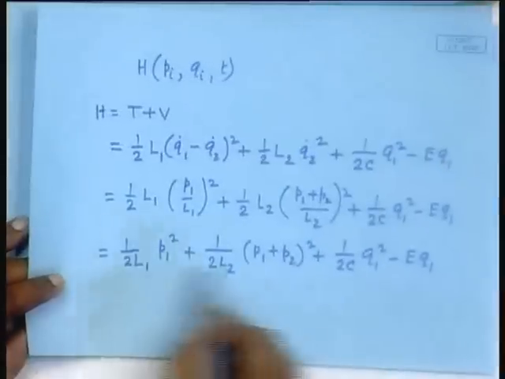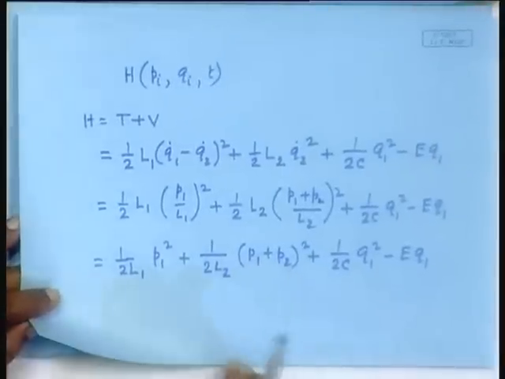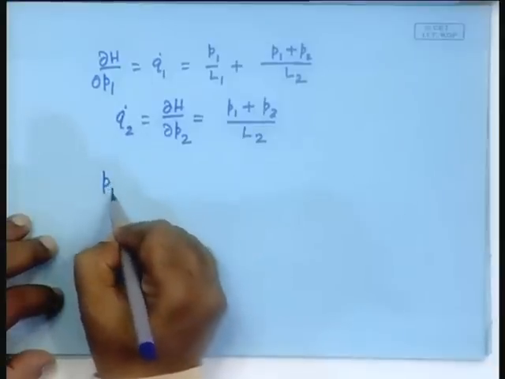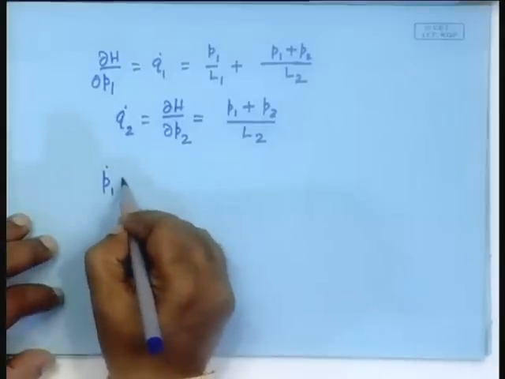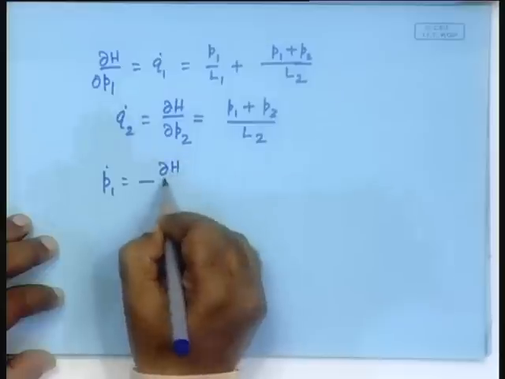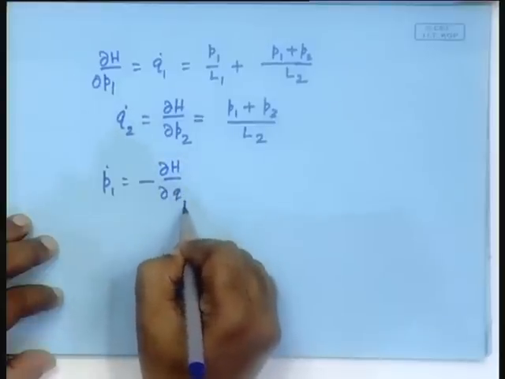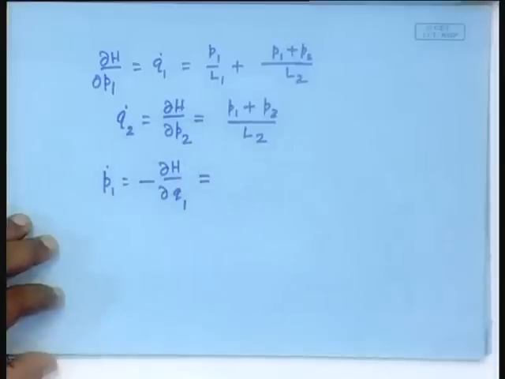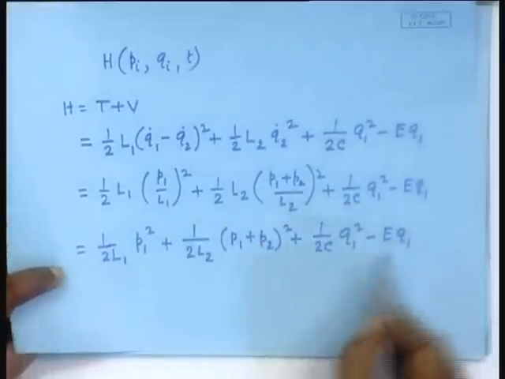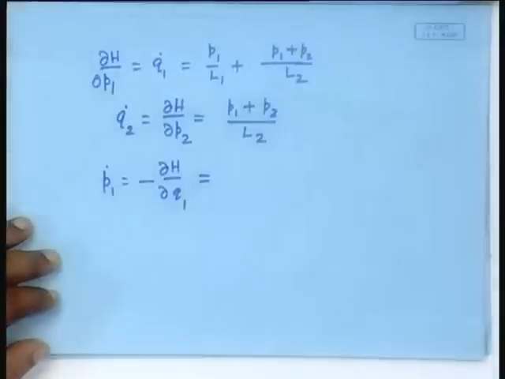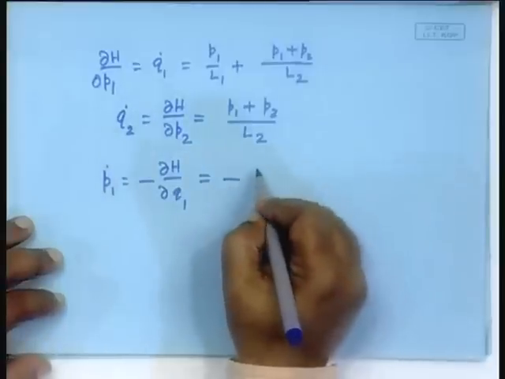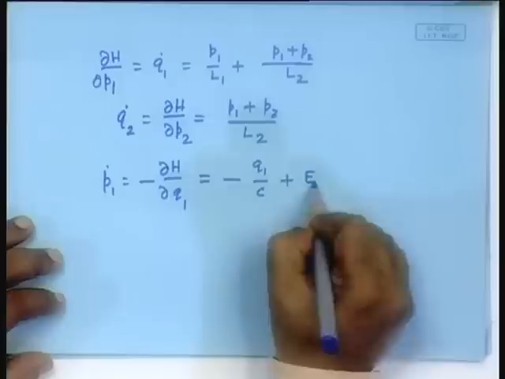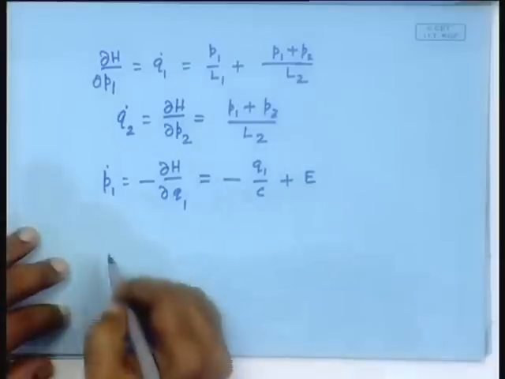Okay, just check. Now, P1 dot is minus the derivative of the Hamiltonian with respect to Q1, which is, from these two terms, minus Q1 by C plus E, done.